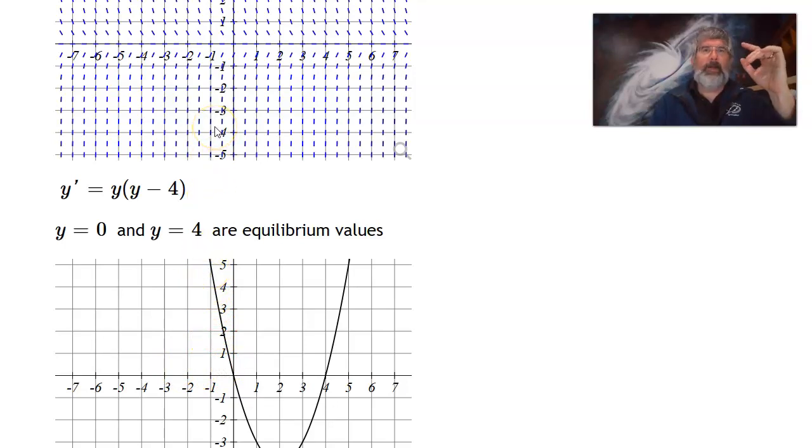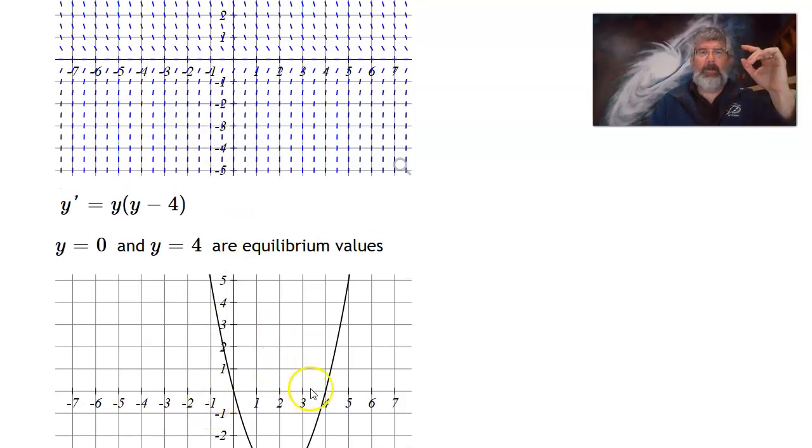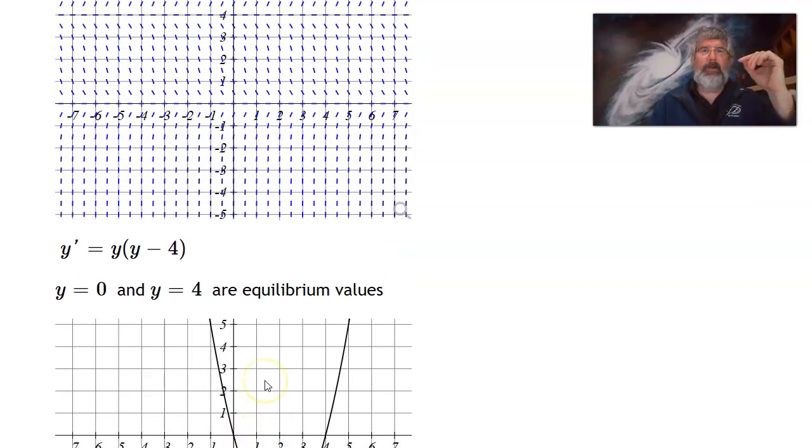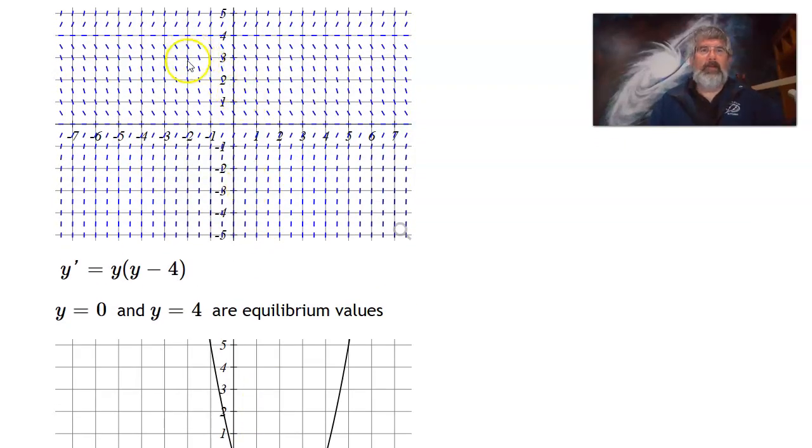Likewise, in between 0 and 4, these are all negative values. So the slope is negative in between 0 and 4. And if you look at what's going on here, sure, these are all going downward in between y equals 0 and y equals 4. They start off close to slope 0, getting steeper and steeper as I go up until I get to 2.